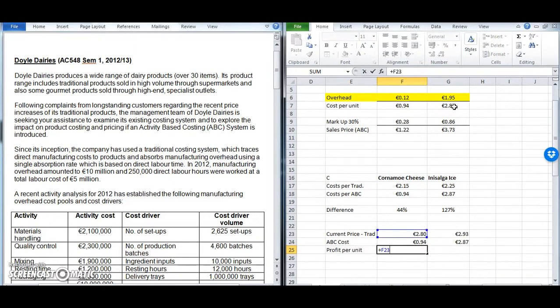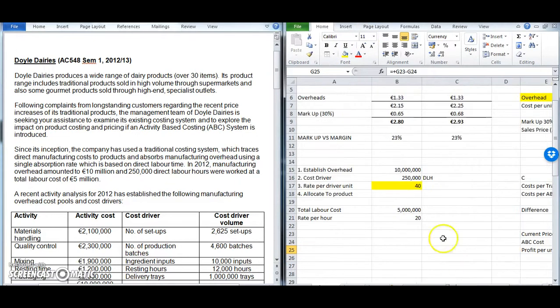So the profit per unit here is actually very high, it's 186, whereas the profit per unit here is actually very low, only 6 cents per unit. So the point is here, I want to illustrate that in your current system you assume that the margin, which we worked out, you're making 23% on every unit sold.